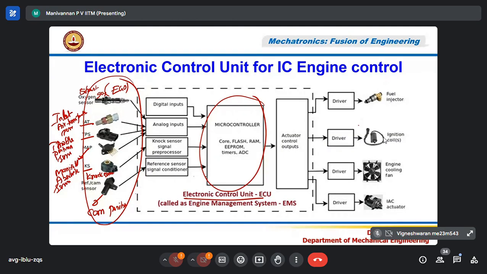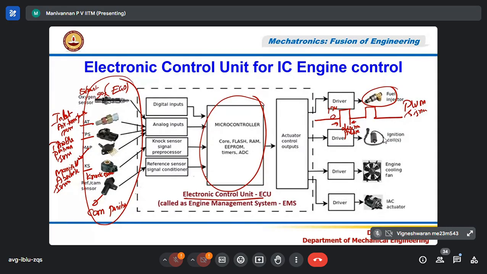Now, based on the signal, the microcontroller generates a fuel injection pulse, a PWM pulse, which is called pulse width modulation. PWM signal is the output from the microcontroller given to the fuel injector. This is always 0 to 12 volt pulses. The duration of the pulse is going to decide the fuel quantity.